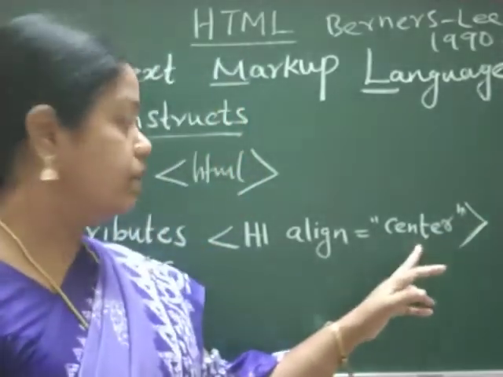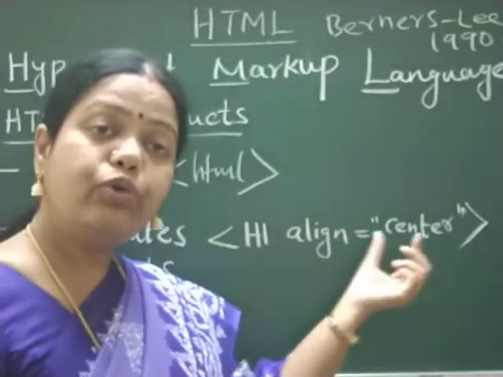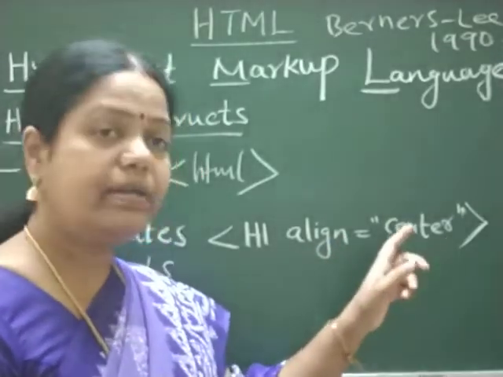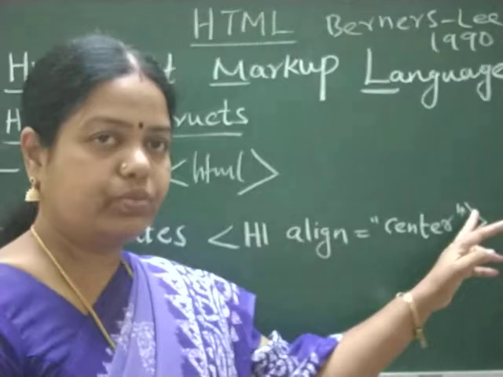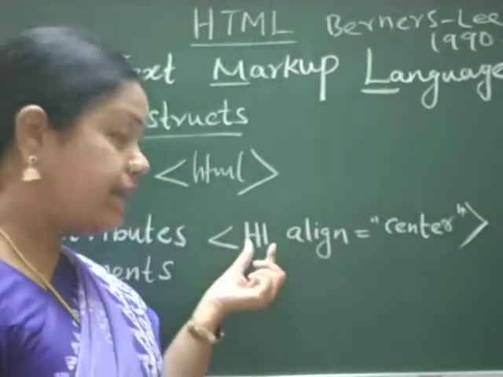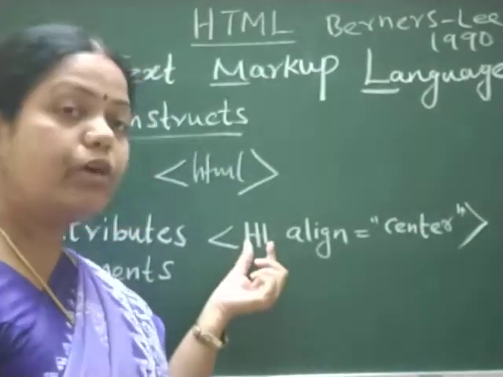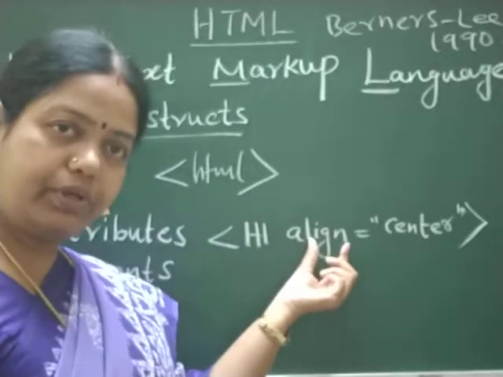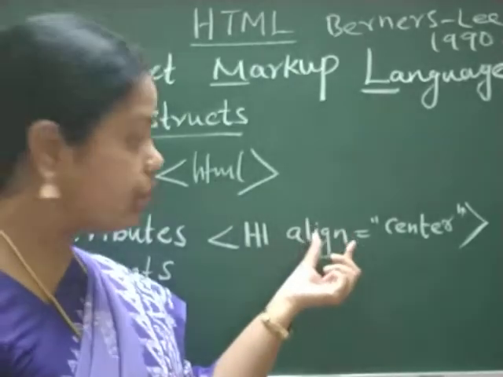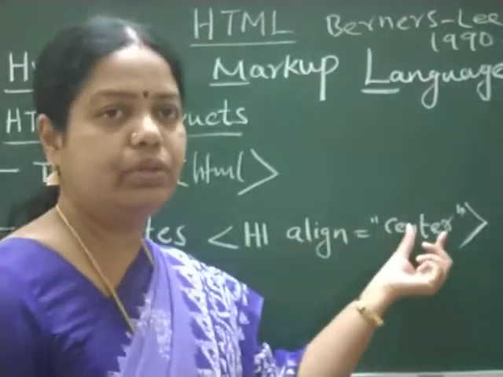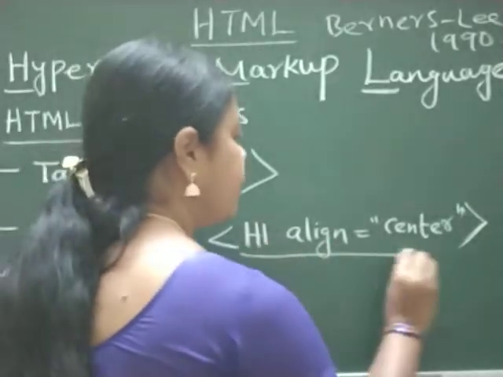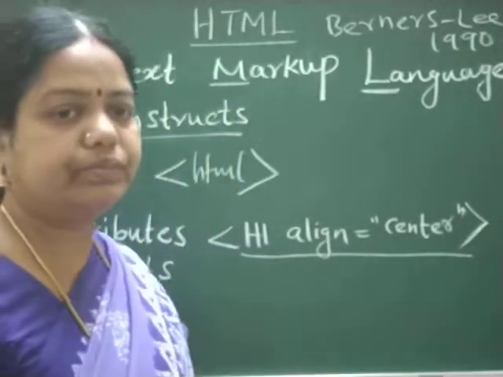The align attribute value we have to provide within the double quotes. So the tag name follows the attribute name, then for the attribute you have to provide the value. So this is the syntax for providing the attribute.